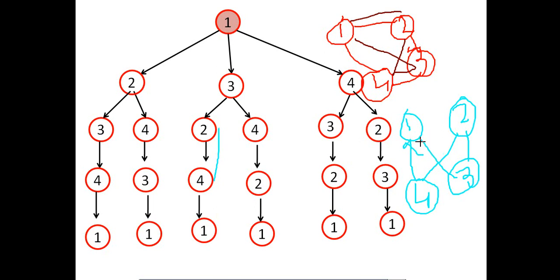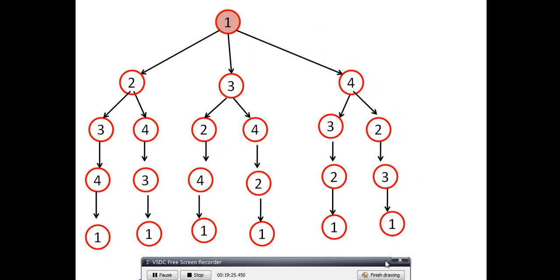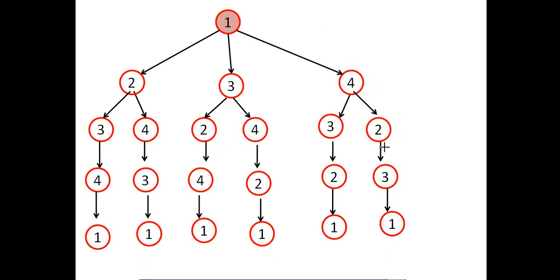In this scenario, are you understanding? See, the journey must start at the source vertex and it is visiting all the nodes.